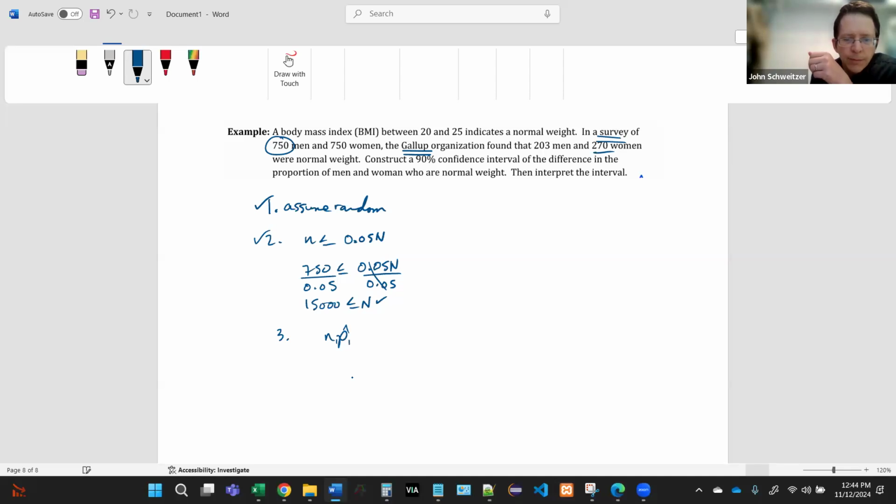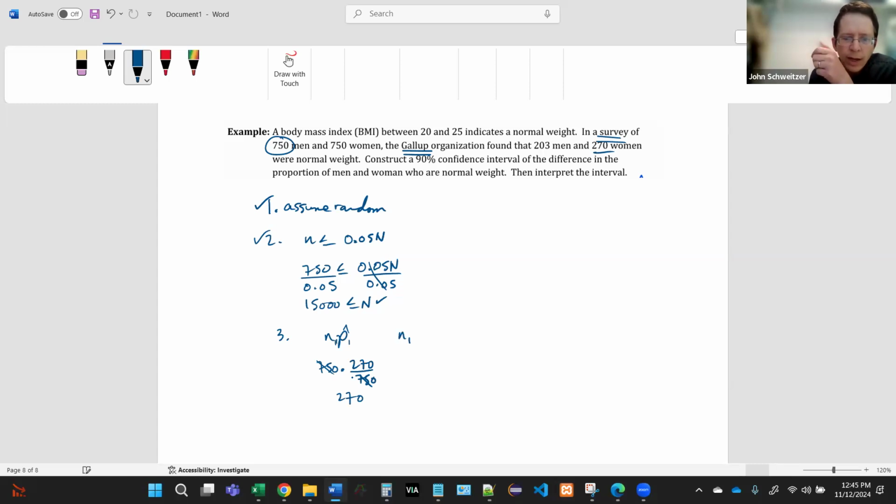Okay, so we go N1 P1 hat. So what does 1 mean? Well, that's the females, right? So we have 750, okay, and then we had 270 over 750 for P hat F, right? So we didn't actually have to do that calculation, because we knew there were 270 in that category. So if there's 270 in the category, how many are not in the category?